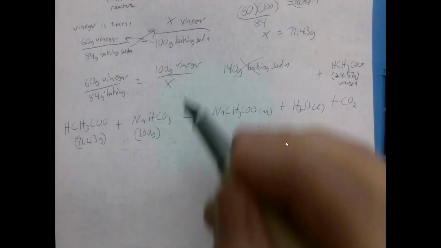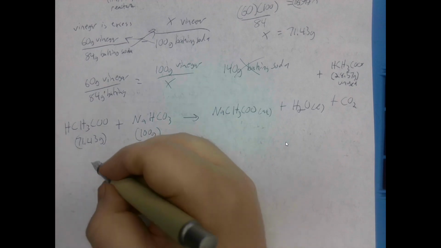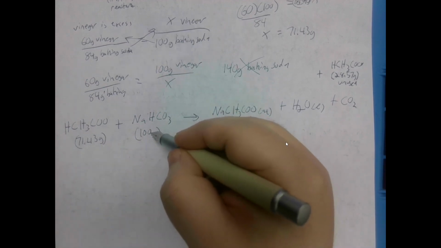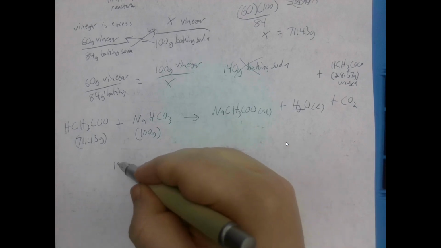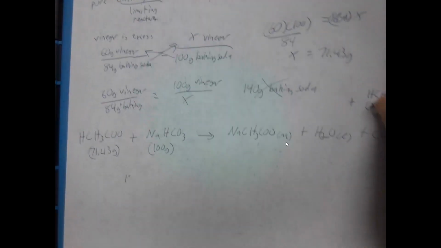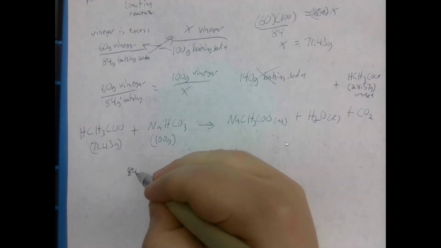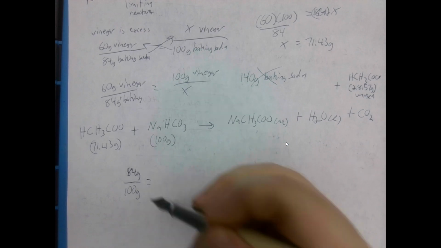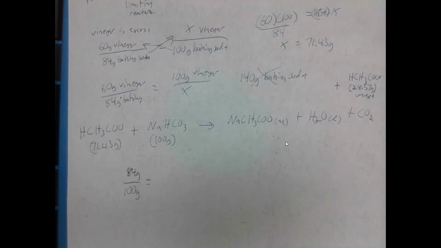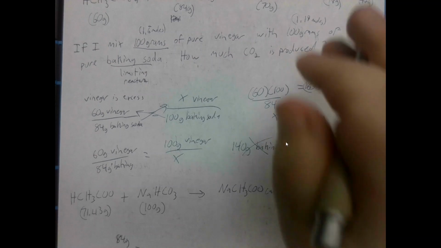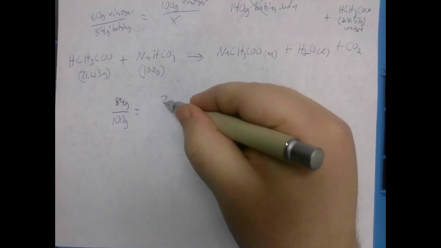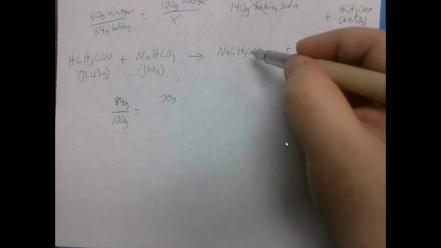We know the ratio is going to be, I like using this one, usually 84 grams, but we're using 100 grams. Usually what is made for 1 mole is 70 grams of sodium acetate.